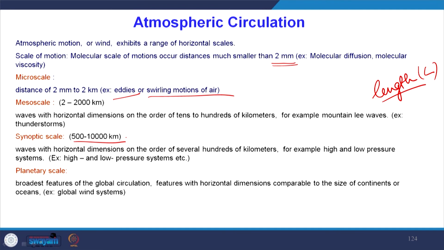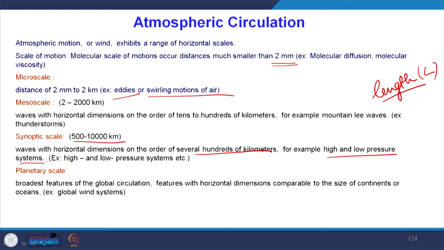So, waves with horizontal dimensions of the order of several hundreds of kilometers. For example, high pressure and low pressure systems. If you see any weather map even in your news broadcast, you will be able to realize that sometimes an entire country can be a high pressure system, and it will be surrounded by a low pressure system. That means these systems are spanning over several hundreds of kilometers.